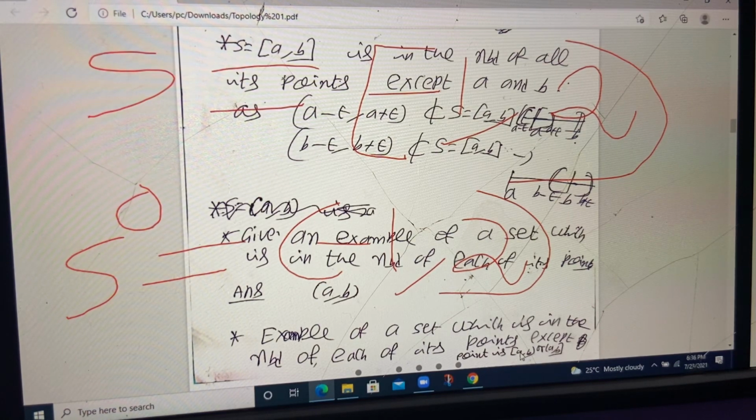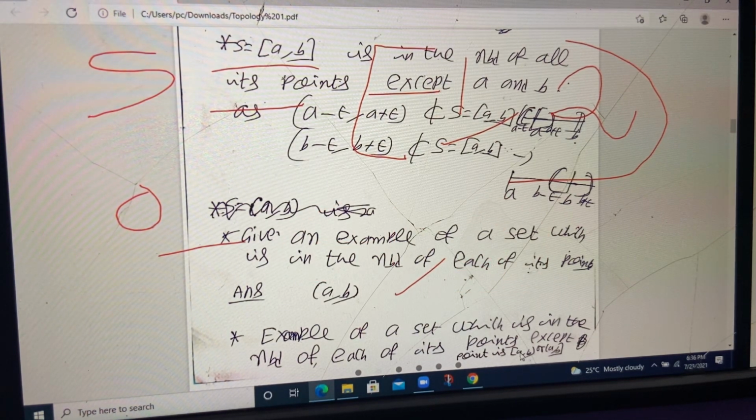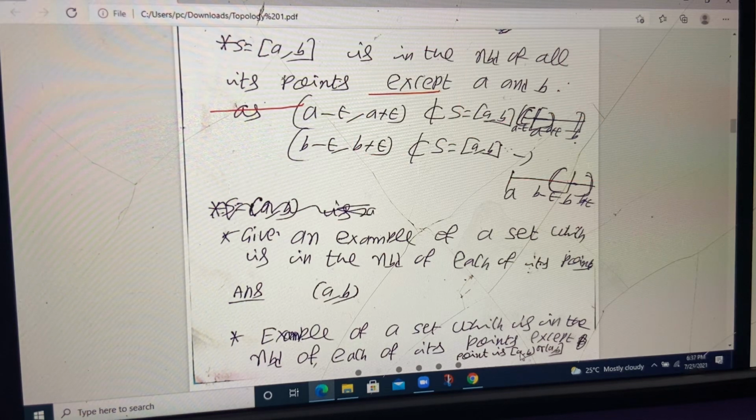Open interval (-1, 2). For semi-closed also, S interior is the open interval. All of you, did you take down this? Can I go to next? So, next one. One more.